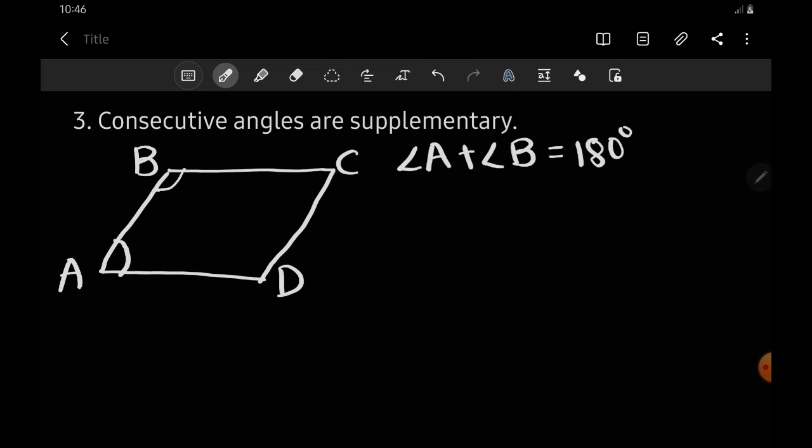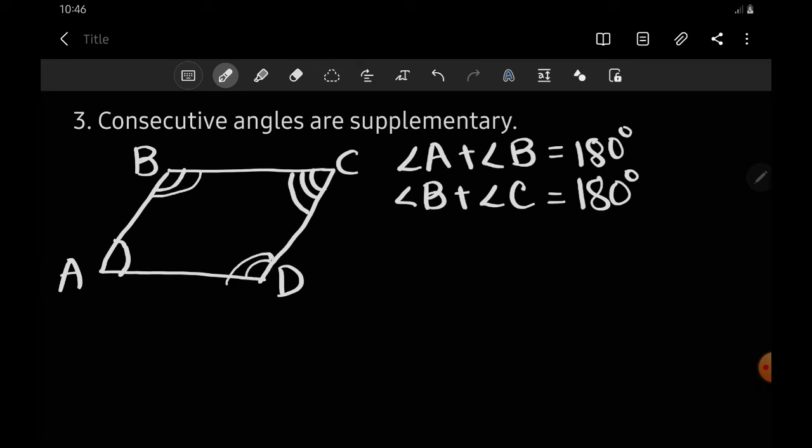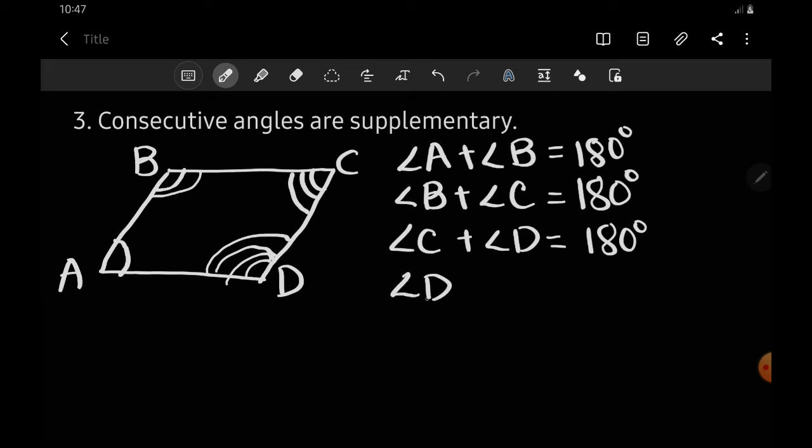Or we have angle B plus angle C is equal to 180 degrees. Or angle C plus angle D is equal to 180 degrees. Also, angle D and angle A. When we say consecutive angles, magkasunod.